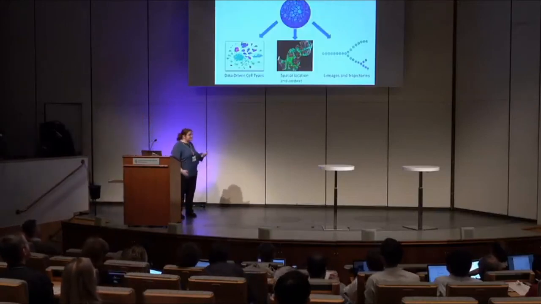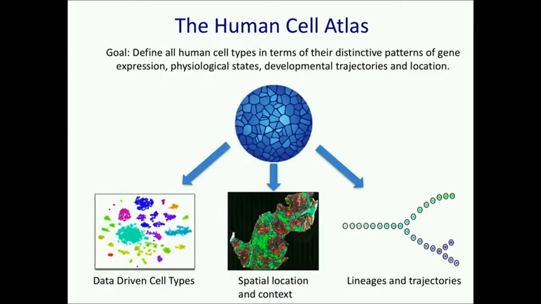So, as was described earlier today, the Human Cell Atlas will have multiple components, and here I'm not being exhaustive, but really describing the three main ones. We're going to have data-driven cell types, largely driven by the high-throughput molecular profiling methods, such as single-cell RNA-seq, probably single-cell ATAC-seq will shortly follow.